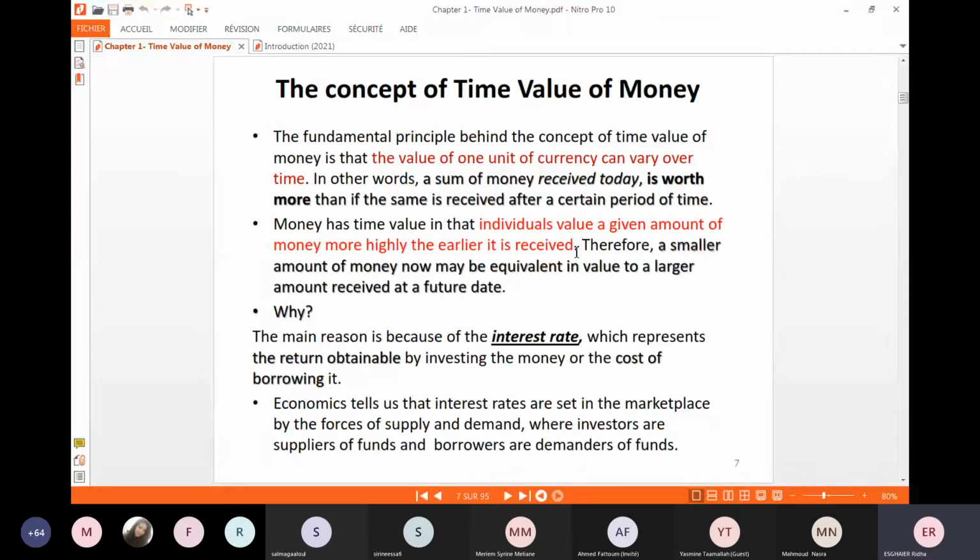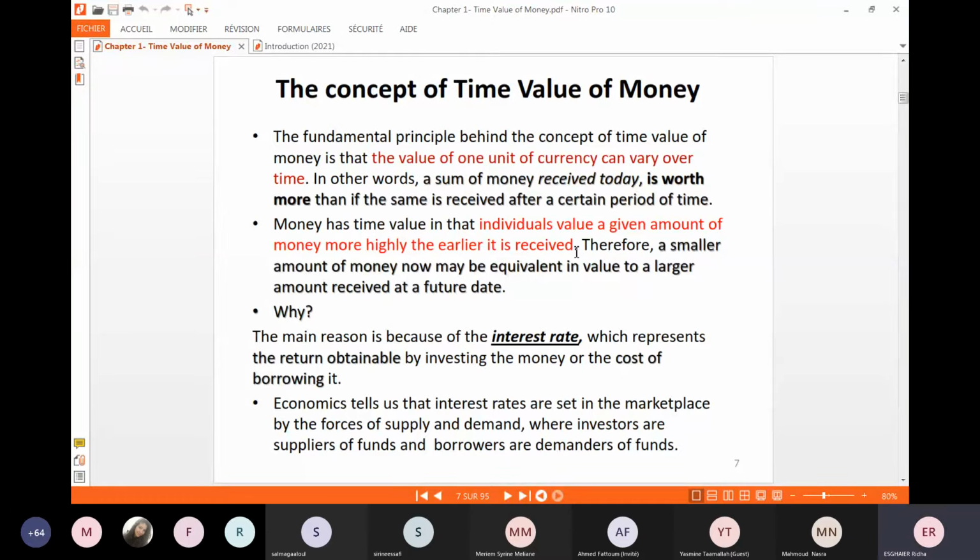In other words, a sum of money received today is worth more than the same sum received after a certain period of time. Individuals value a given amount of money more highly the earlier it is received. Why? Simply because, as we explained, they can invest it and earn interest on it, earn a return on it.